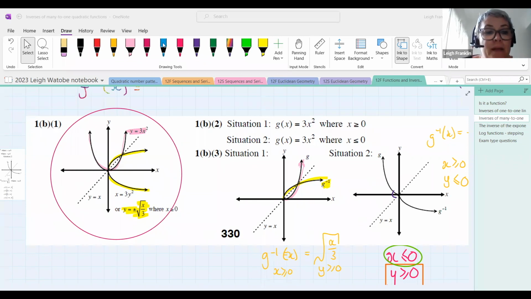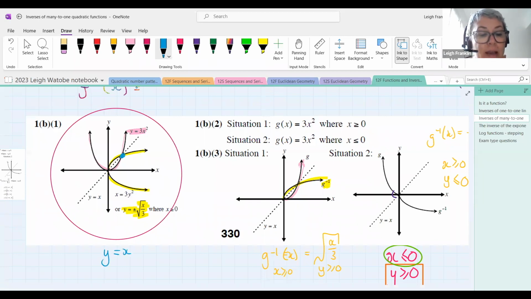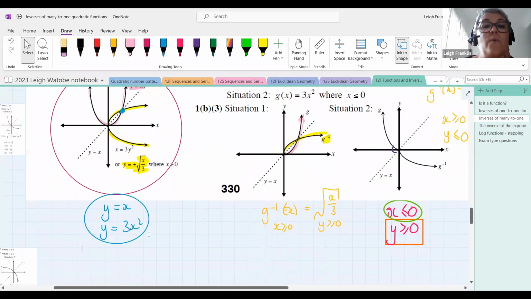So remember, at this point over here, it is the point of intersection between the line y equals x as well as y equals 3x squared. So that's just easier for you. I would solve simultaneously using those two equations. I would make 3x squared equal to x and solve it that way, because it's just going to make your life so much easier.